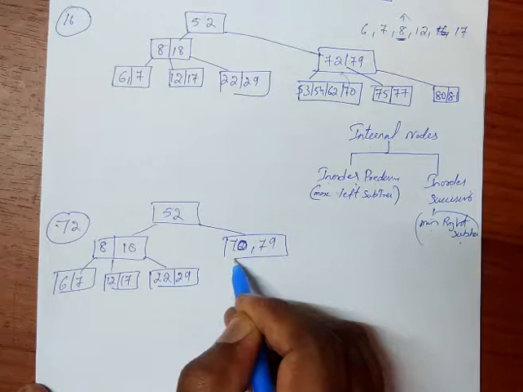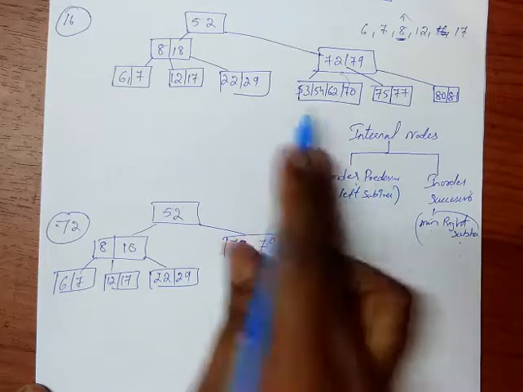If the number of elements in the in order predecessor is greater than in the in order successor, you go for the in order predecessor. If both are the same, then you choose either predecessor or successor. So here we rewrite the 72 with 70.